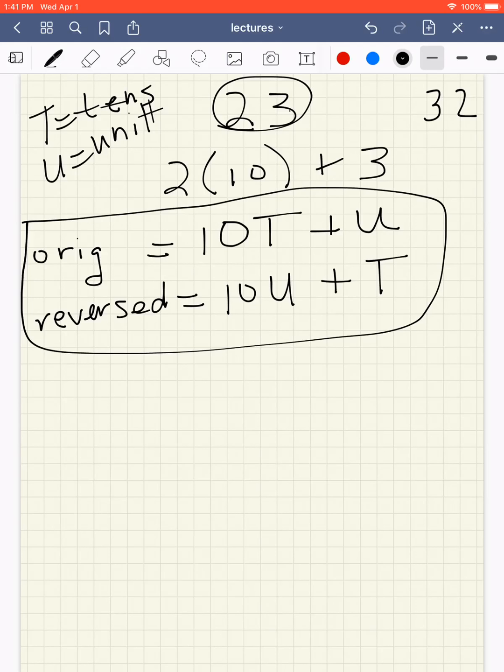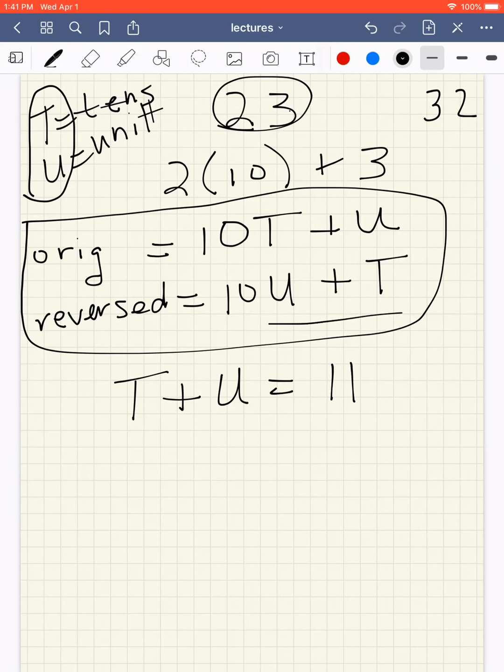So now if you look on page 440, it says the sum of the digits. It doesn't have anything to do with the value of the number. It's strictly the digits. These are the digits right here. So when it says the sum of the digits, it's just t plus u. So the sum is 11. If the digits are reversed, okay, so here's my reverse number.